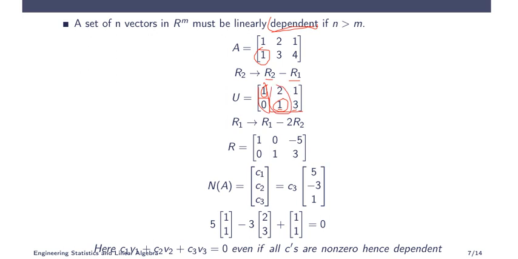In order to make the row reduced form, I have to make 2 a 0, right? So the operation I have to do is R1 minus 2R2. So you will get 1 minus 0 is 1, 2 minus 2 is 0, and 1 minus 6 will be minus 5. So you got this one.